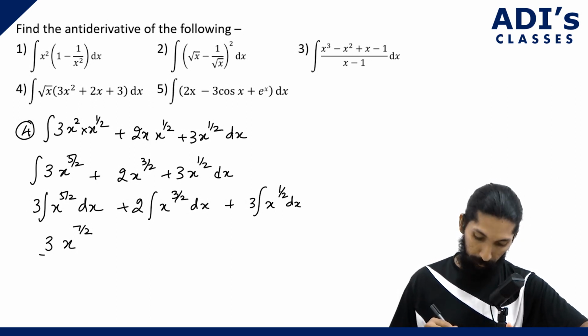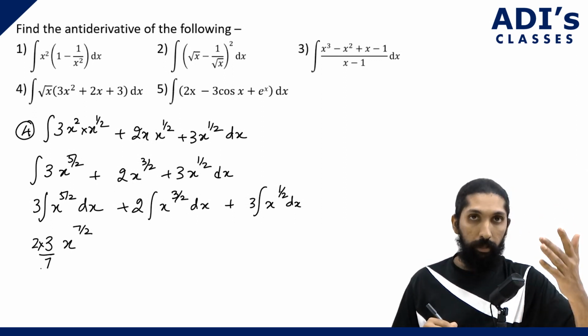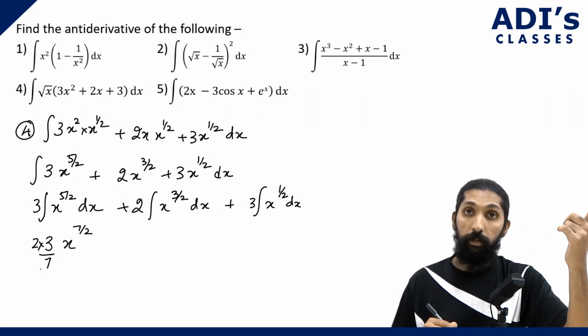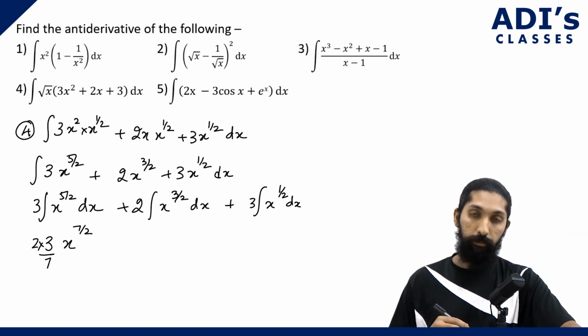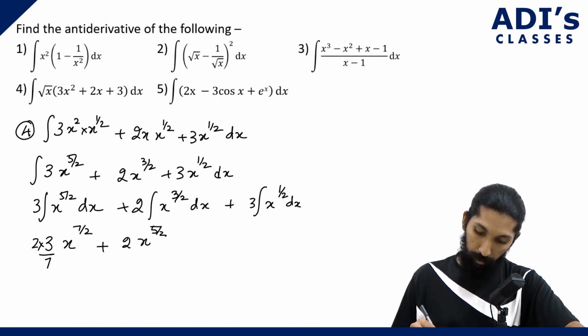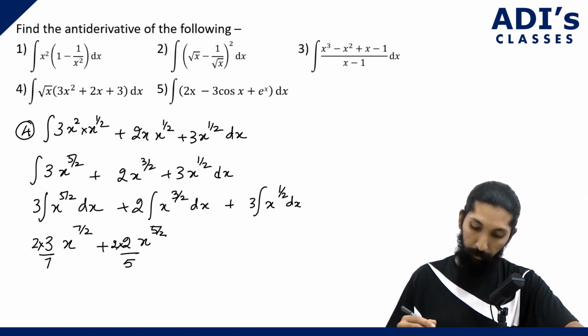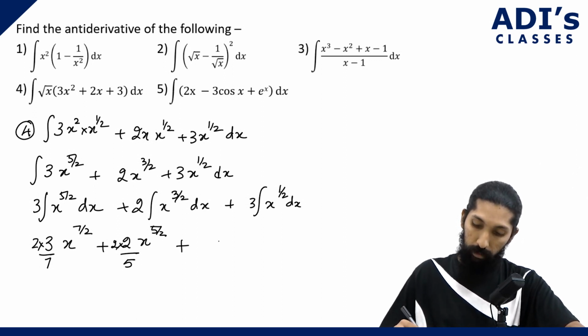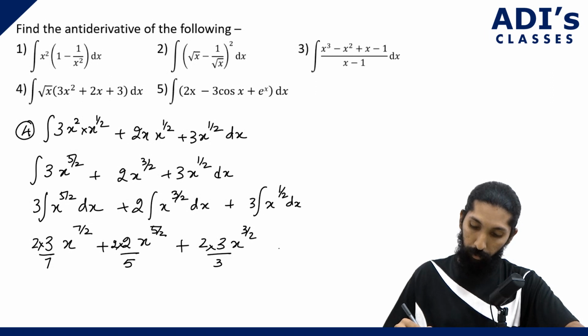Correct? So that's 7 into 2, because the denominator of the denominator goes to the numerator. Plus 2 x^(5/2) divided by 5 into 2, plus 3 into x^(3/2) divided by 3 into 2, plus c, correct?